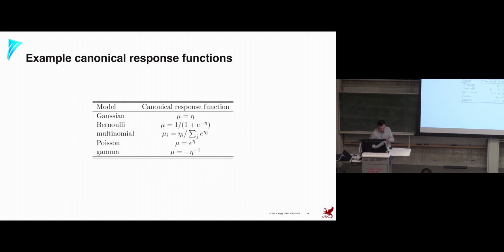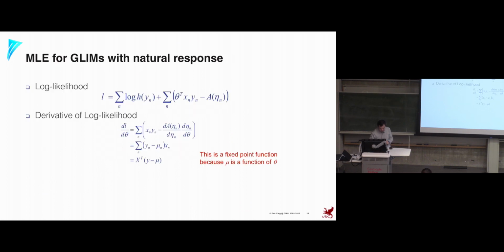Okay, so these are a few examples of the response function, and let's look at the result of how to use a natural response. So this is a pretty straightforward result. Remember now that originally I need to have this eta times the y, and now the eta is this one, because the f and the psi cancel each other. Therefore, this linear response or signal is directly functioning as the natural parameters of the exponential family distribution.